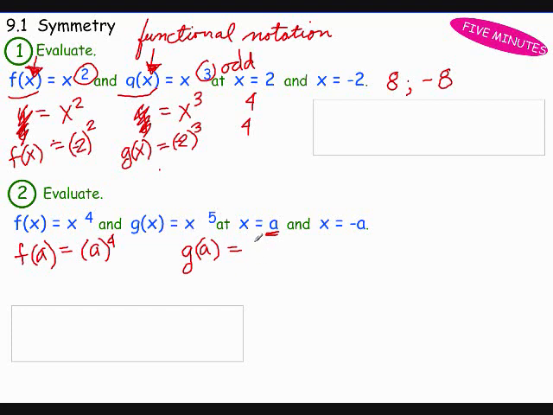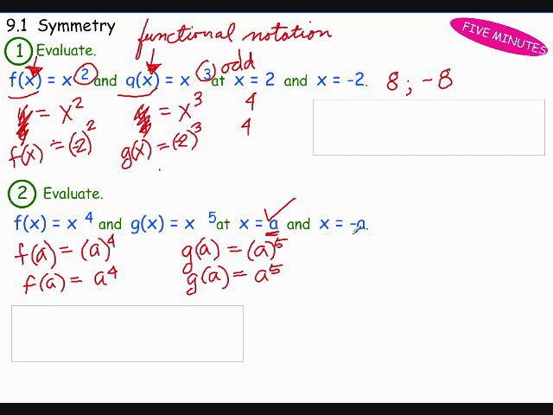It takes it to the 5th power, so that'll be a to the 5th power. So function f of a is going to be a to the 4th, and function g of a is going to be a to the 5th. That seemed straightforward enough.